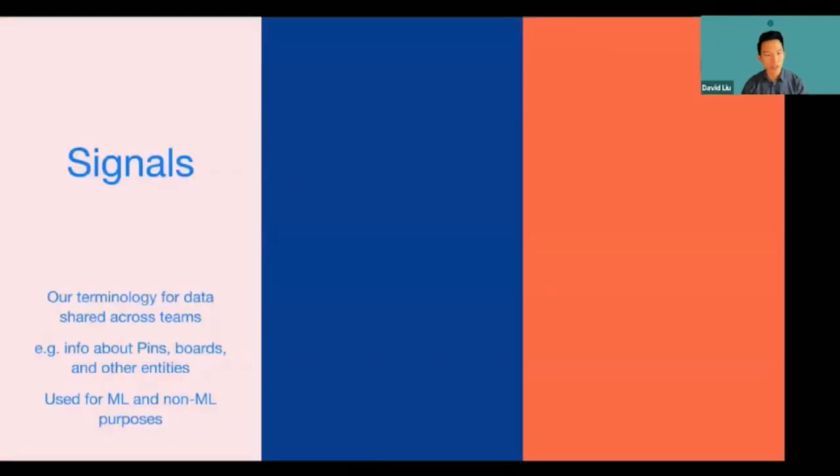To explain the title of this talk a little more, we think of there as being 3 types of data in our ML systems. First, signals is possibly a Pinterest-specific terminology. For us, signals are a general term for any sort of data one team is providing to another. For example, it could be about pins, boards, or users. This data is often structured, and it may or may not be directly usable for machine learning.